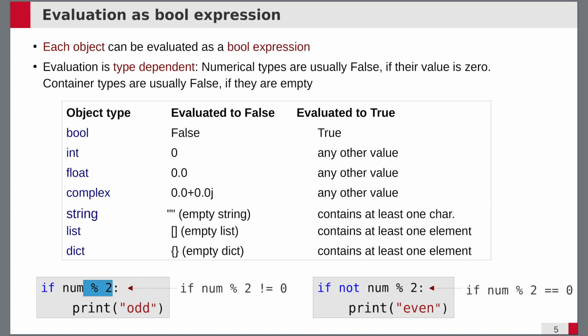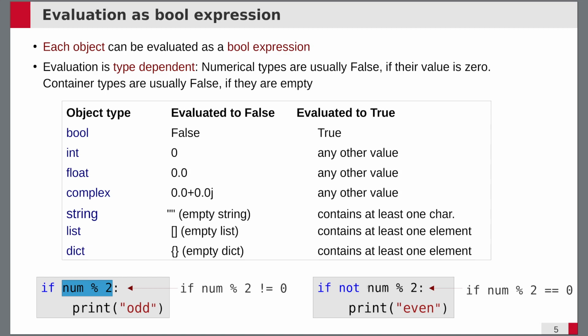You can say num % 2. If this is 0, then this will never be executed. If it's non-zero, then it will be executed. So that would also be one way to say, okay, if the division by 2 gives you something which is non-zero, then print odd. However, as I said, you should be very careful, because it's not necessarily readable.